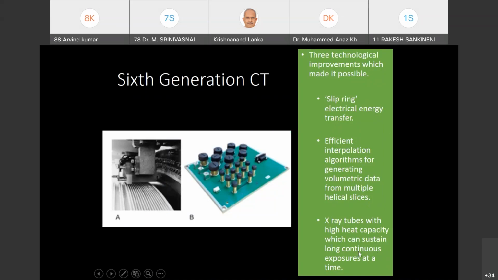Because a deflected extended tungsten element is there now, it is present in the entire tube, circularly. So high heat capacity can be sustained, and using slip ring electrical energy transfer, you are able to do that spiraling.